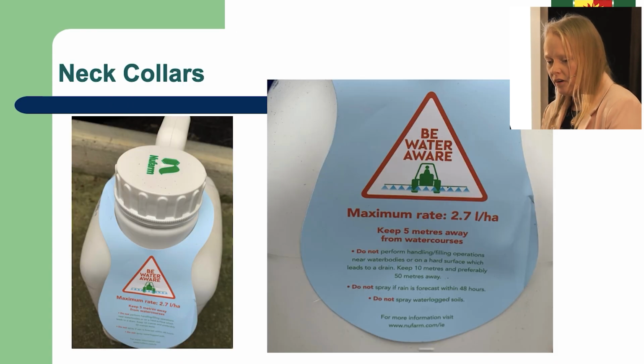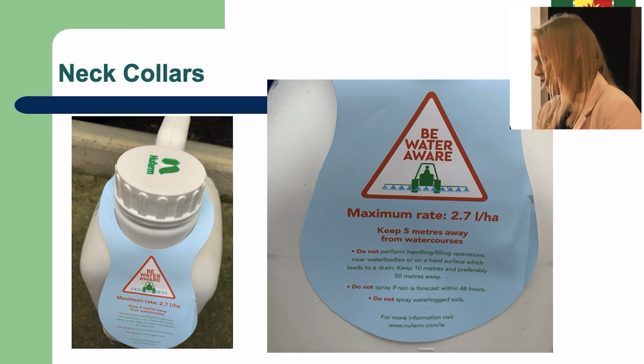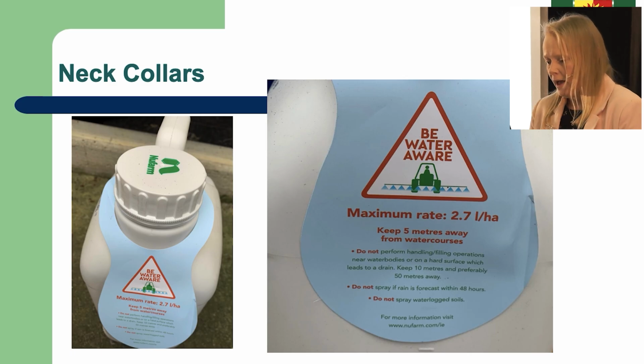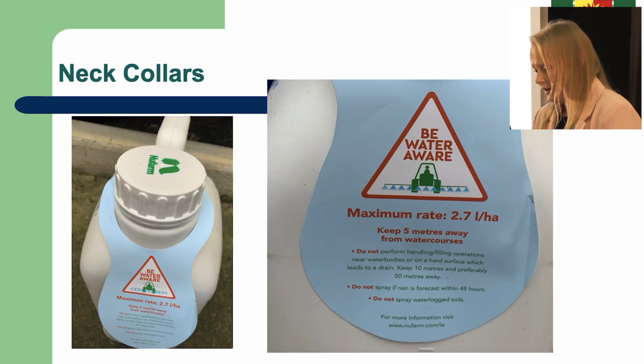The product companies have also been involved in a number of campaigns such as neck collars, which are put on their products to highlight being aware of water, being aware of buffer zones, the maximum rate to be used in the product, just to highlight the importance to the end user of protecting our waterways.